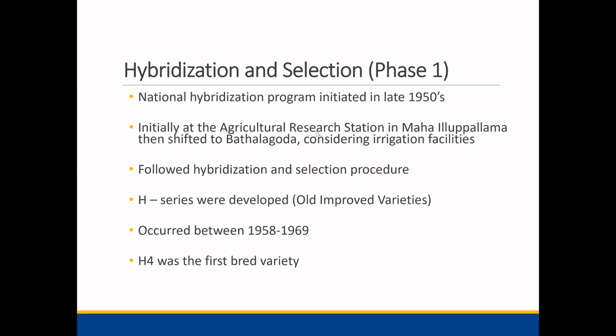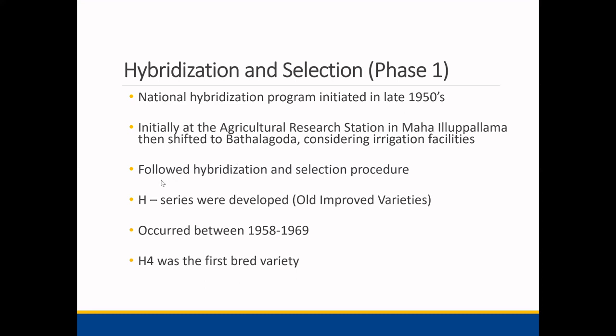But for rice, as you know, a lot of water is required. So they thought to shift this location to Batalagoda. So now the Rice Research and Development Institute is located in Batalagoda with good climate conditions and irrigation facilities.